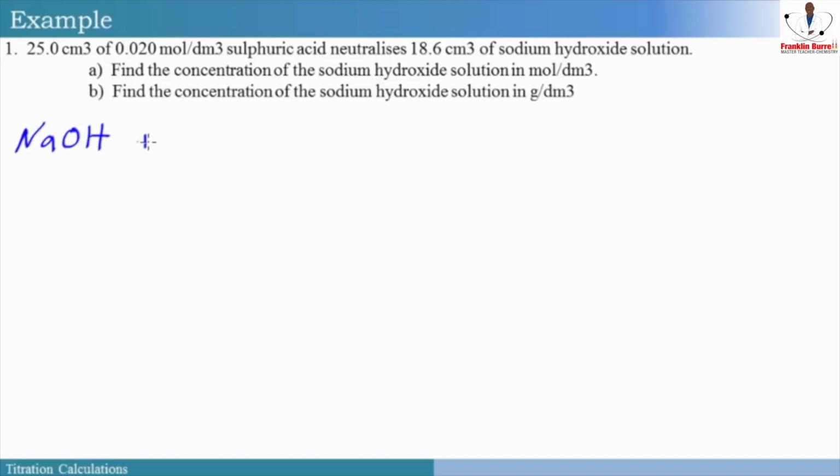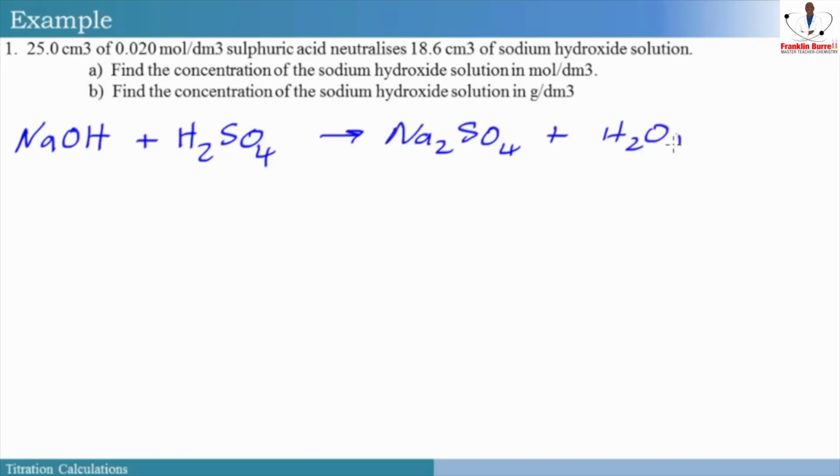Let's do that. So sodium hydroxide plus sulfuric acid will produce a salt, sodium sulfate, plus water. Put in our state symbols: liquid, aqueous, aqueous, aqueous. Then we balance.